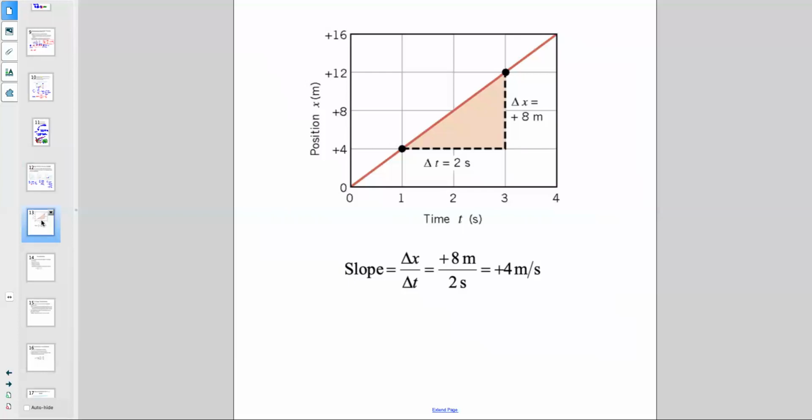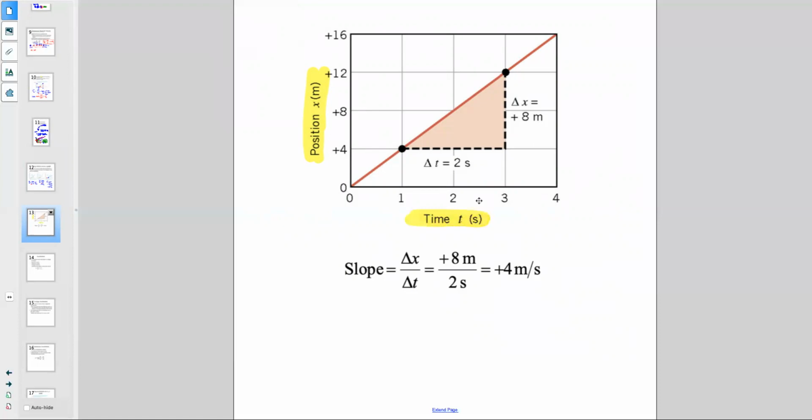Here's another example. I have an xt graph, so just make sure that we're all on the same page, because if you see on a homework or an exam that there is an xt graph, you might wonder, what is xt? No, it is position versus time. Xt graph.